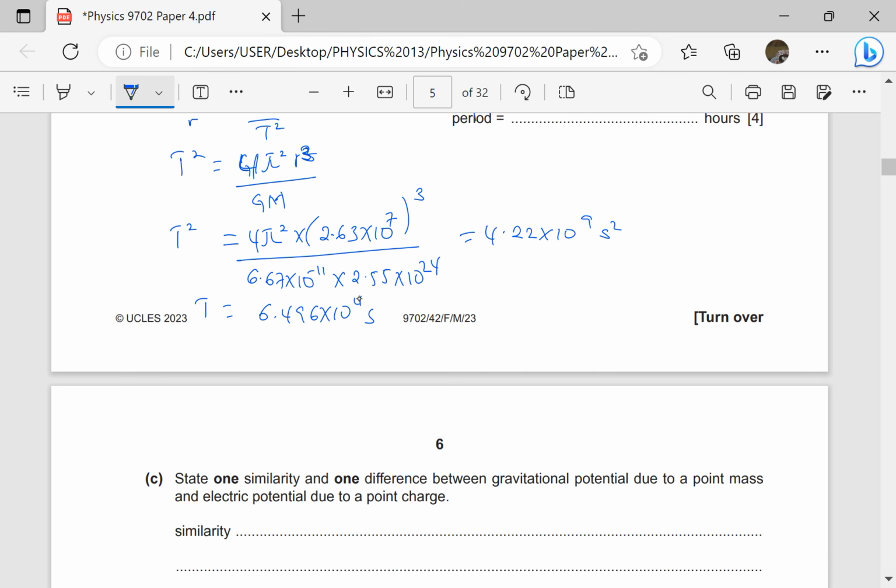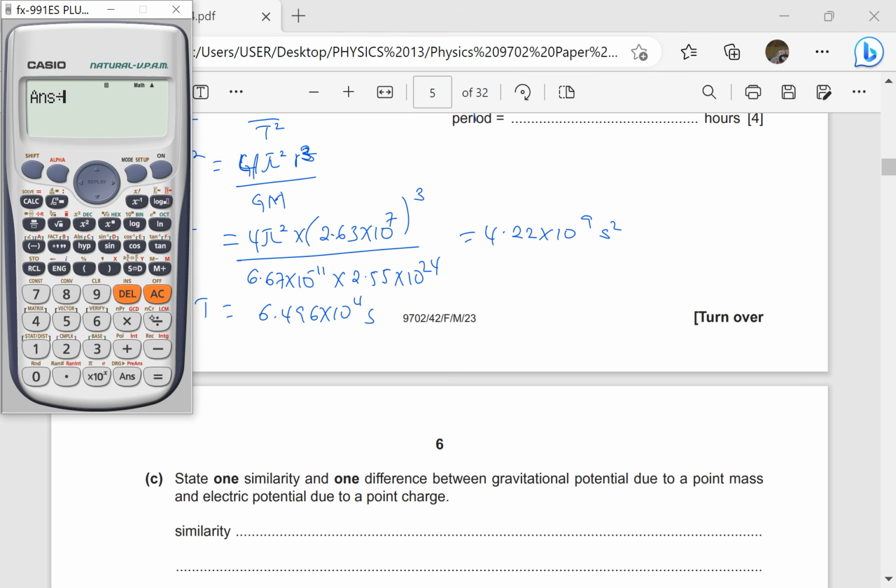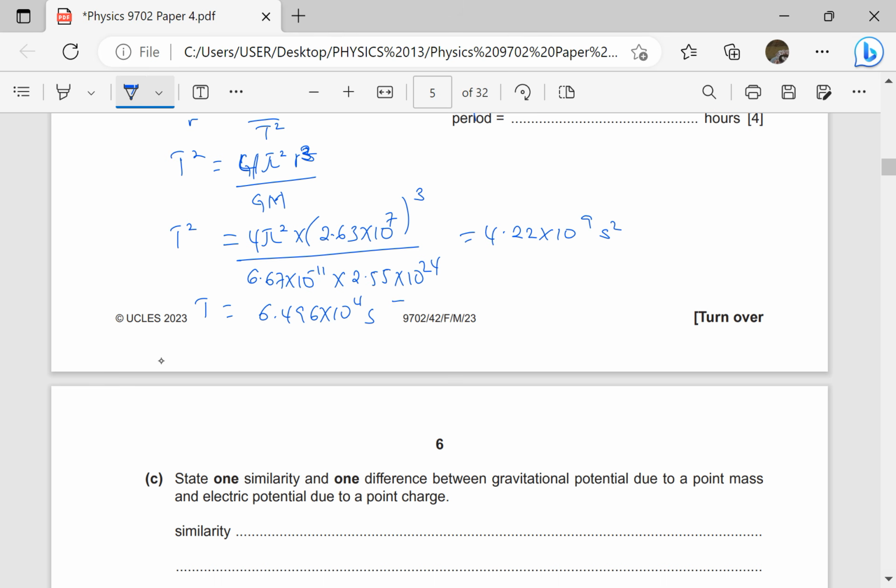Now that is in seconds. If I want this in hours, we know that 1 hour is 3,600 seconds. Therefore, I will divide this by 3,600 seconds, which gives me 18 hours.